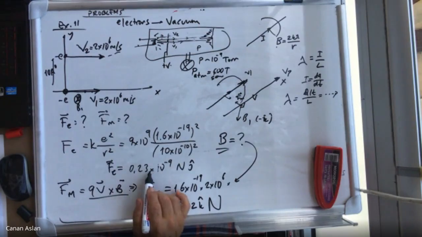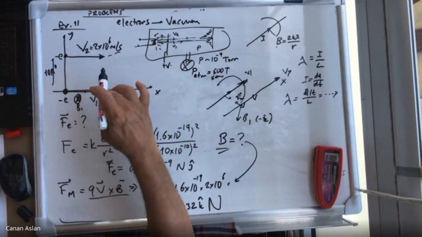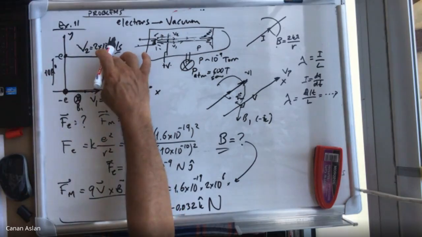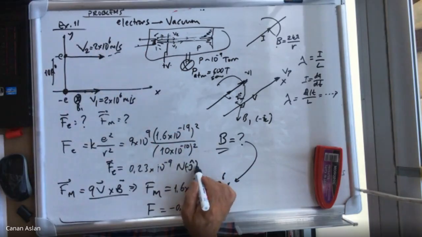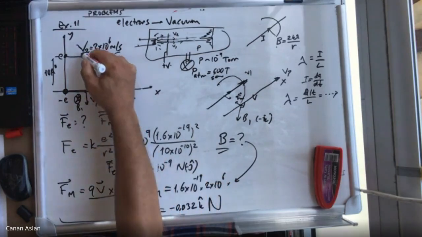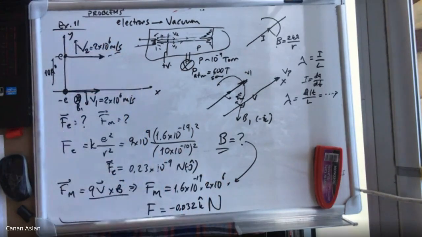So this is the force on the second one due to this one, minus J direction for this one, and plus J direction for the other one. Now, this force, however, for the magnetic field for the second wire will be 0.032 newtons.